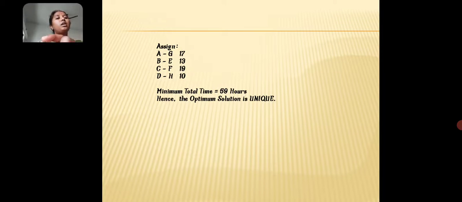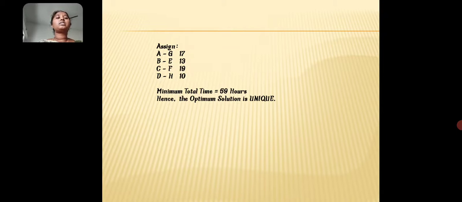A assigned to G, the corresponding value is 17, and B assigned to E takes 13 hours, and C assigned to F takes 19 hours. D assigned to H takes 10 hours.